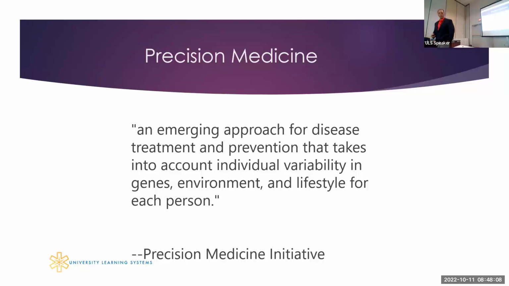But that tells me even mainstream medicine is starting to figure out that what we're doing needs improvement, and not everybody gets the same thing because not everybody is the same person. We need to look at the individual person, what makes them up genetically, what makes them up lifestyle-wise.